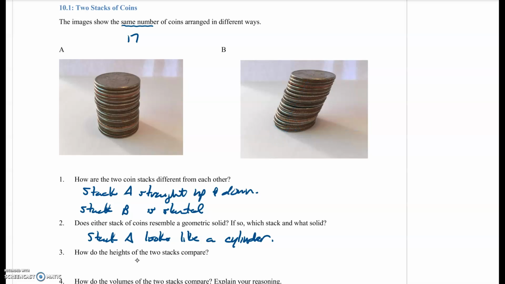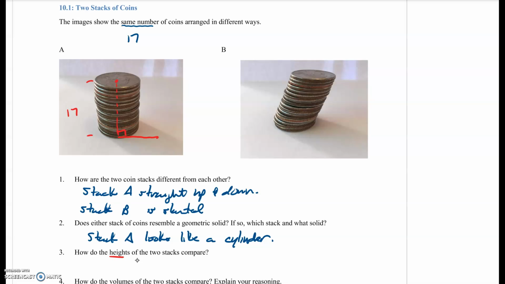So if we're going to talk about the height, let's remember that when we measure the height of something, we want to measure at a 90-degree angle, right? So we want to go from a point on the top to a point on the bottom and make sure that's a 90-degree angle, because that's going to be the shortest distance, and there's only one shortest distance, right? So how do the heights compare? Well, if I look at the height of stack A, this 90-degree angle, it is 17 coins high.